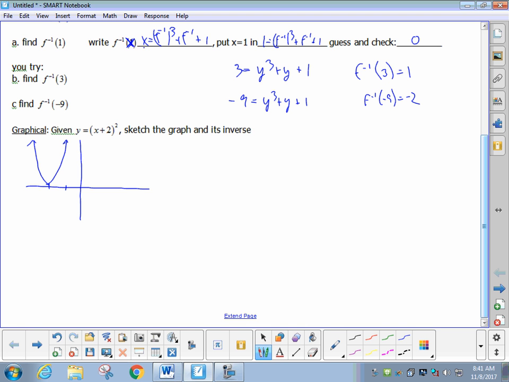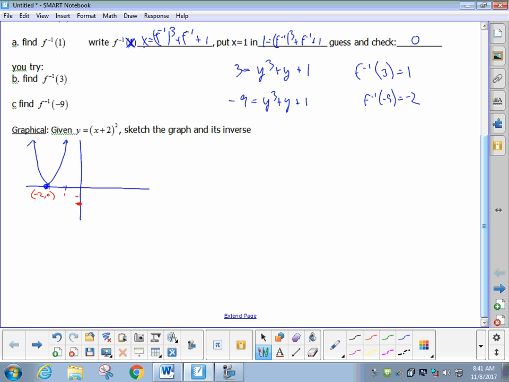That's the function. Now the inverse. As a fallback, you can always do the old switchy switch of points. If you get confused, fall back to that safe spot of just switching x's and y's. For example, if negative 2, 0 is a point on the original, then the inverse would use 0, negative 2.